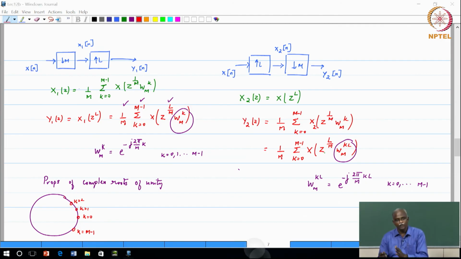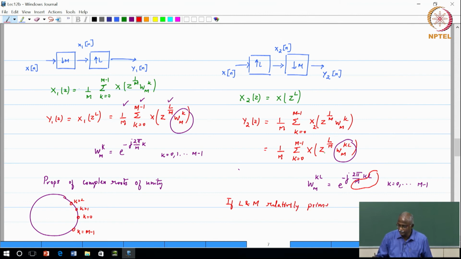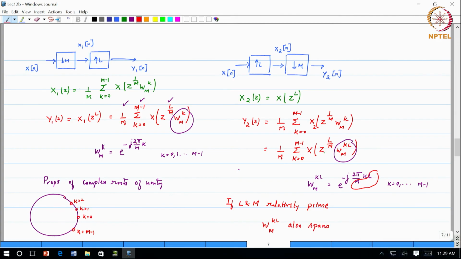I am sure you would have come across several interesting theorems and results with the complex roots of unity. Now, if L and M are relatively prime, that means there is nothing that you can cancel between these two, then W_M raised to the power kL also spans all the distinct roots of unity.